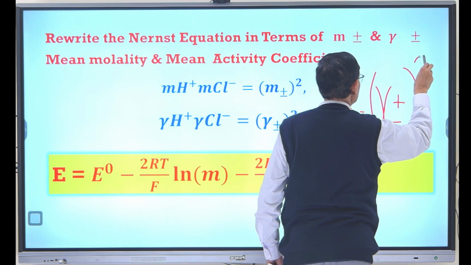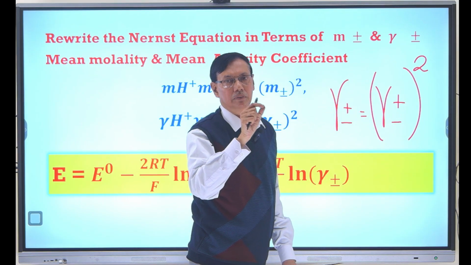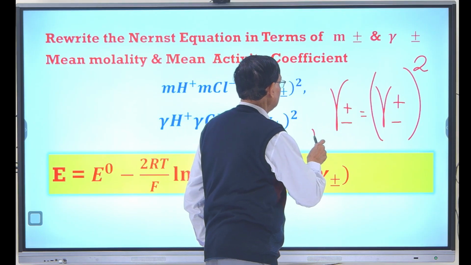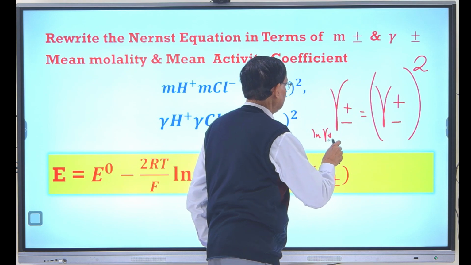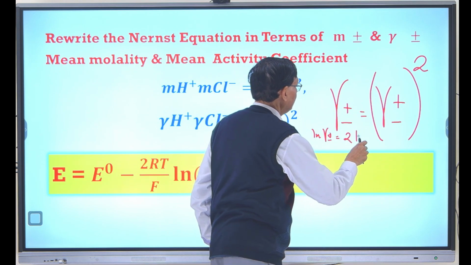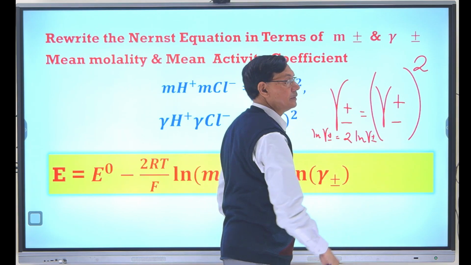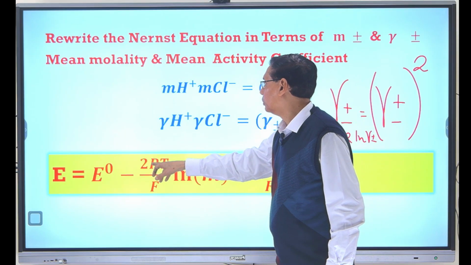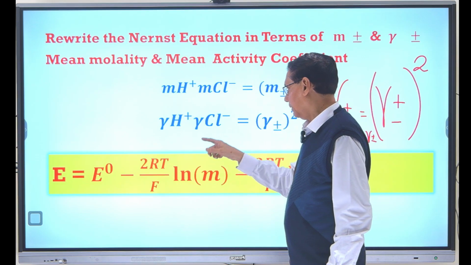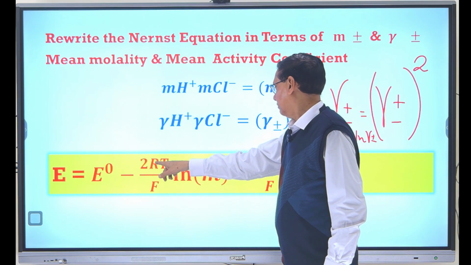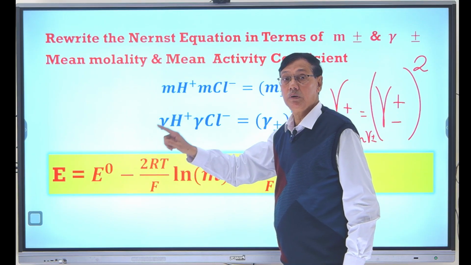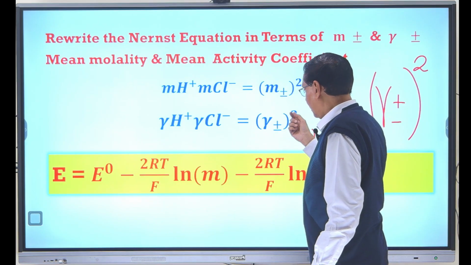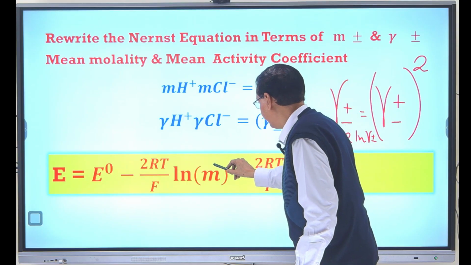If I take log, it will be 2 natural log of M gamma plus minus. So I think you can now understand why I have written 2 here, but earlier it was simply RT by nF. From where I get this 2, because this is mean molality like that, but here because cation and anion concentration is M, so therefore I have not changed M.